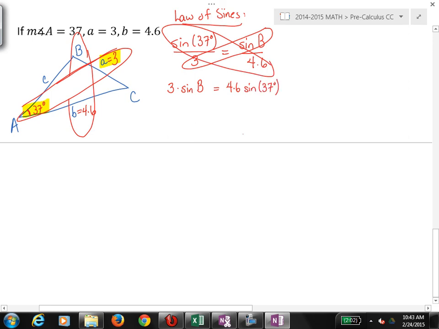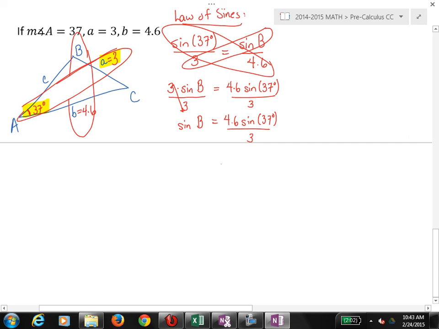I need to solve for B, so I need to isolate that B. So I have times 3, so I need to divide by 3 to divide this out. And I'll be left with sine of angle B is equivalent to 4.6 times sine of 37 degrees divided by 3.